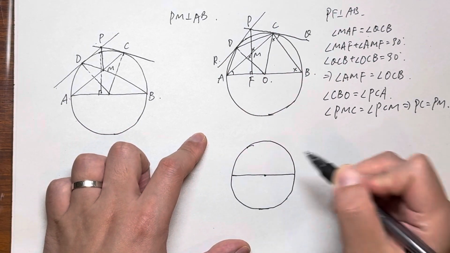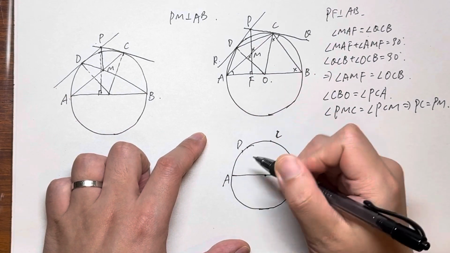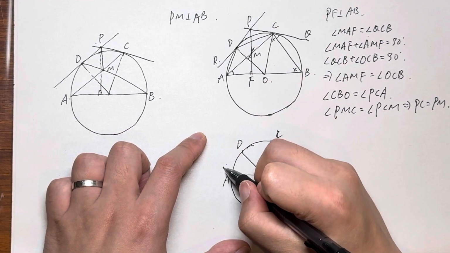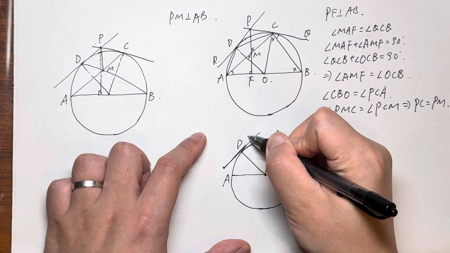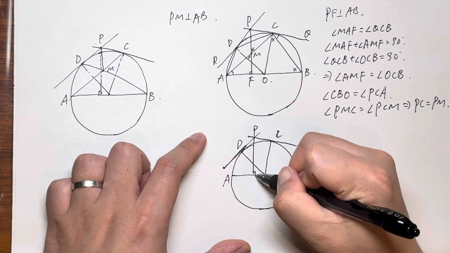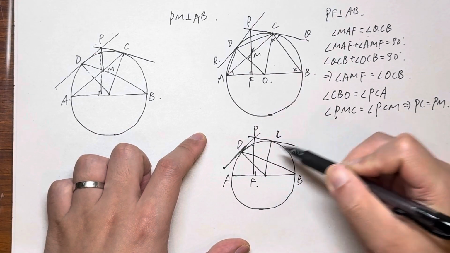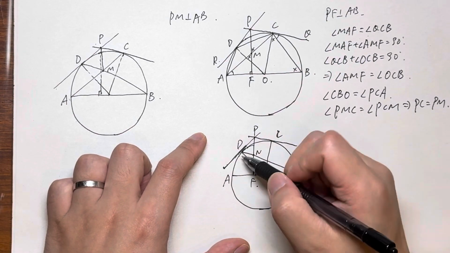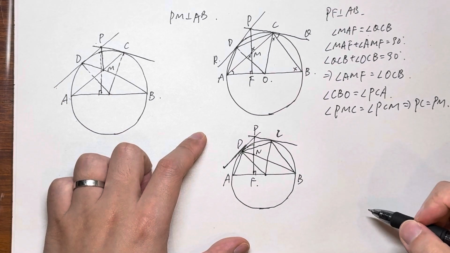So we have AB here, we have C here, D here. This is P, this is F. So we just do it again, so that we connect to the DB this time, and we call the intersection point N. Then we connect AD, DC, and CB, right?